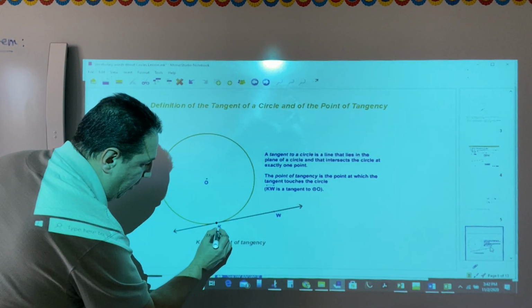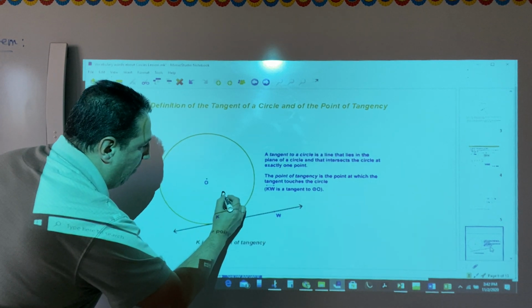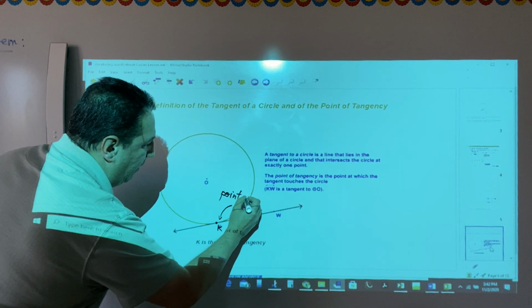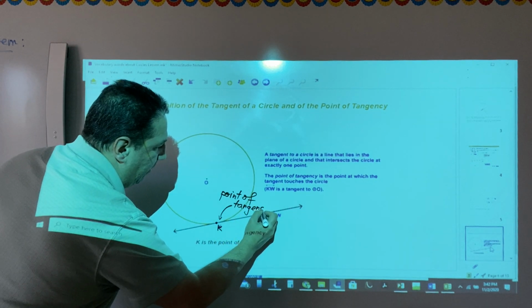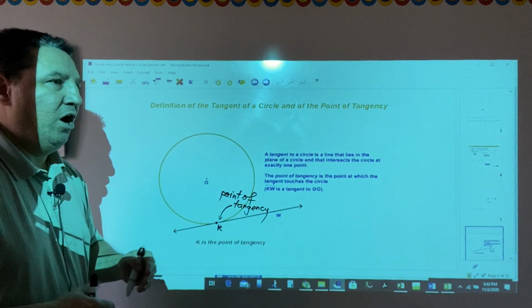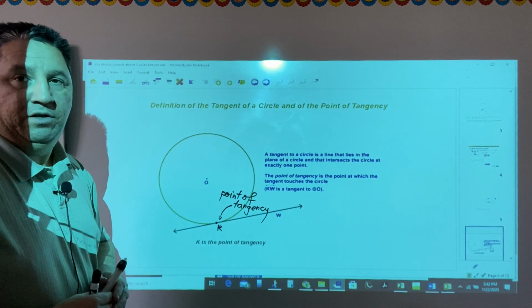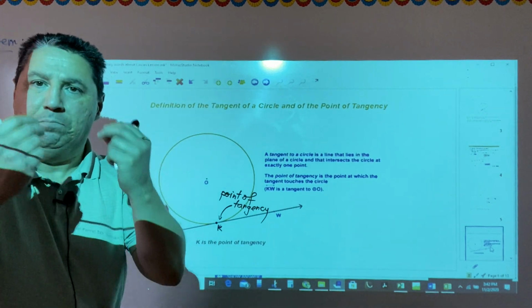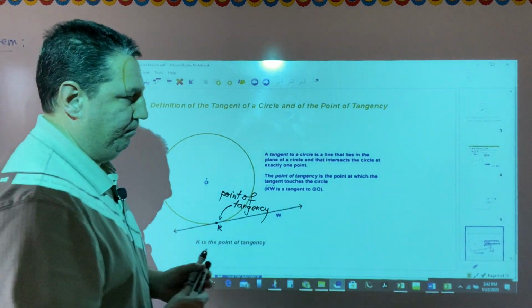In this case it is K. This point is called point of tangency. We'll see in a future lesson this tangent has a specific property. Good.